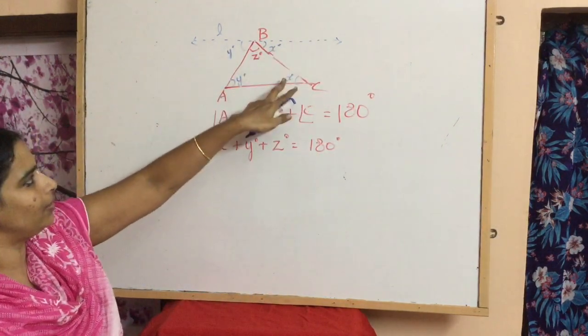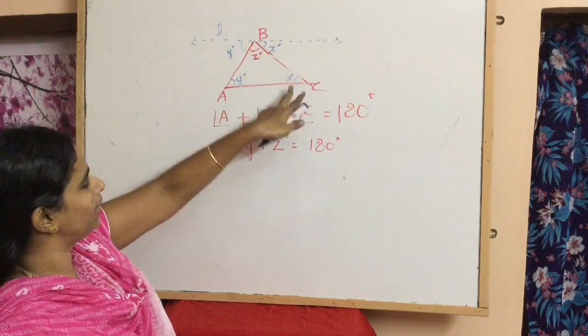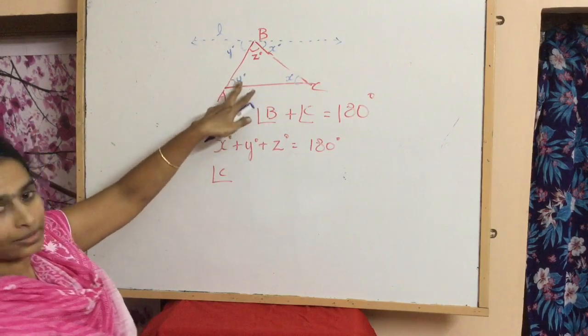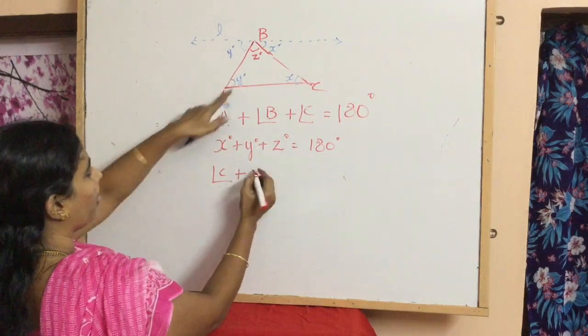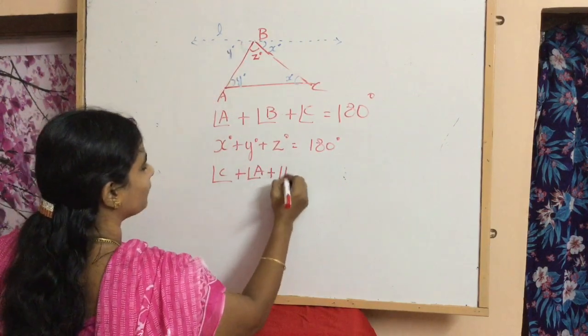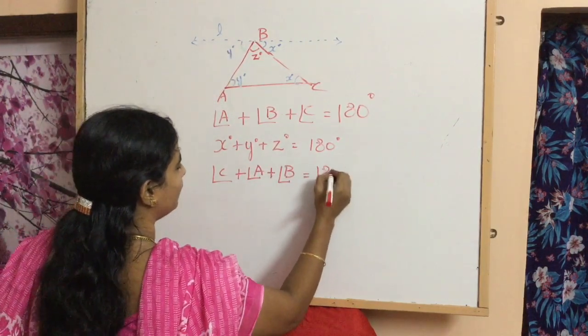Since these two angles are equal, this angle X becomes angle C and this angle Y becomes angle A, and this is angle B, that is equal to 180 degrees.